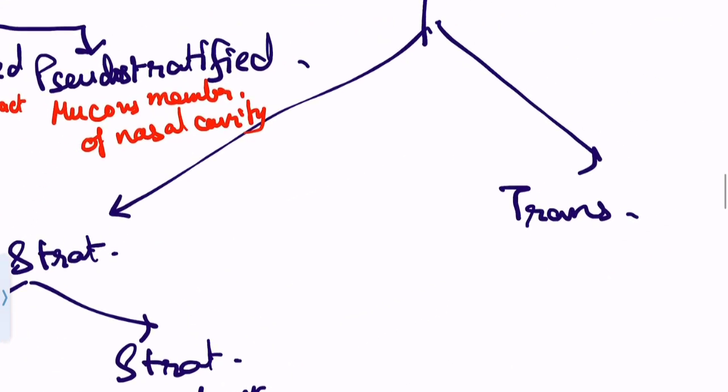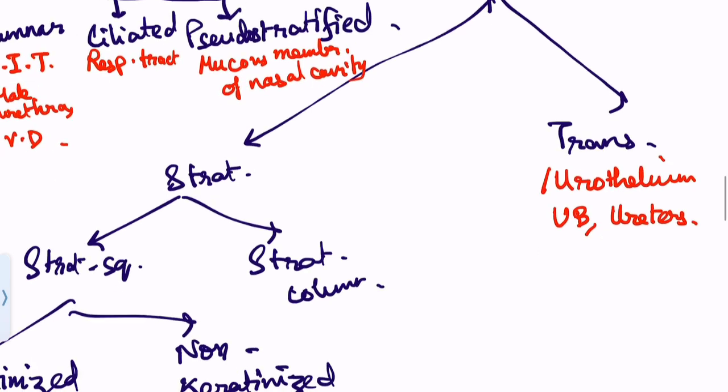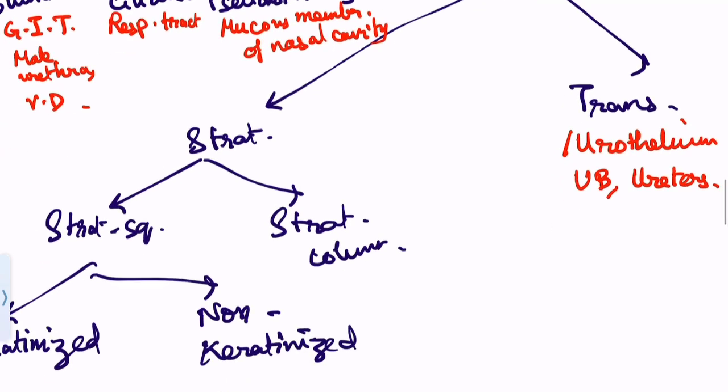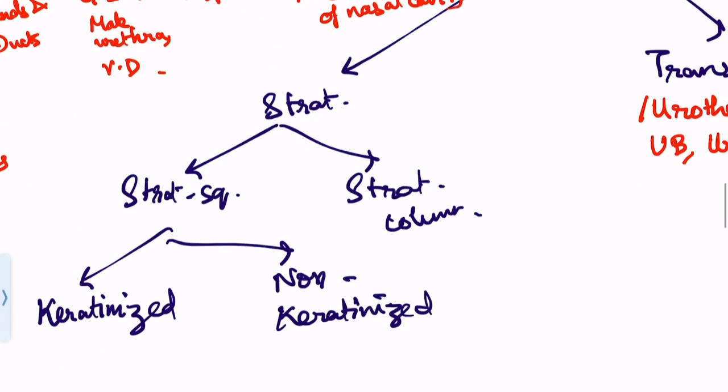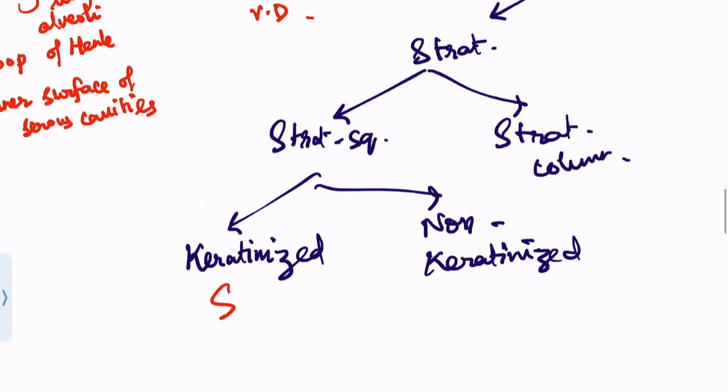Then moving on to transitional epithelium, we all know that transitional epithelium is also known as urothelium because it's distributed in urinary bladder, then ureters. Okay, we went to stratified epithelium. Stratified squamous epithelium, keratinized, our skin.